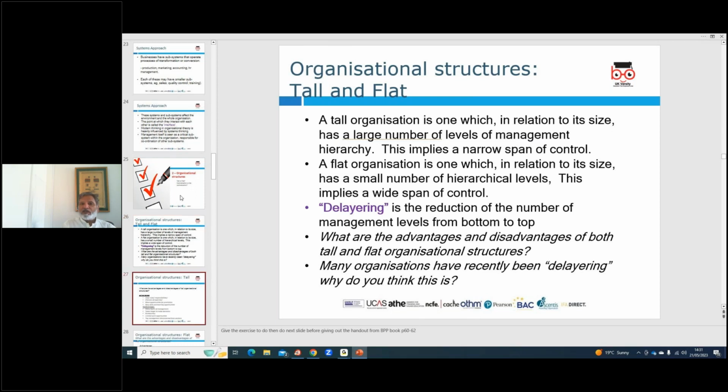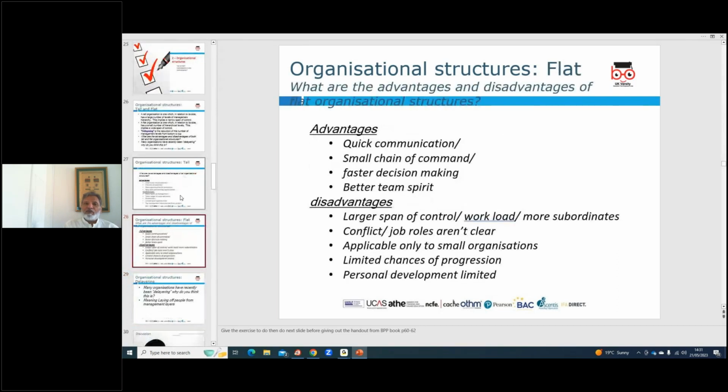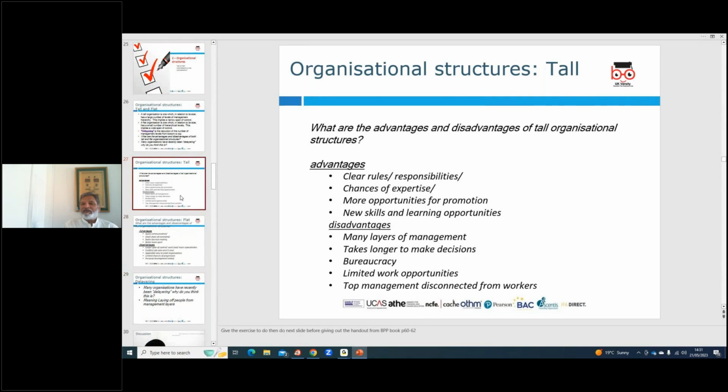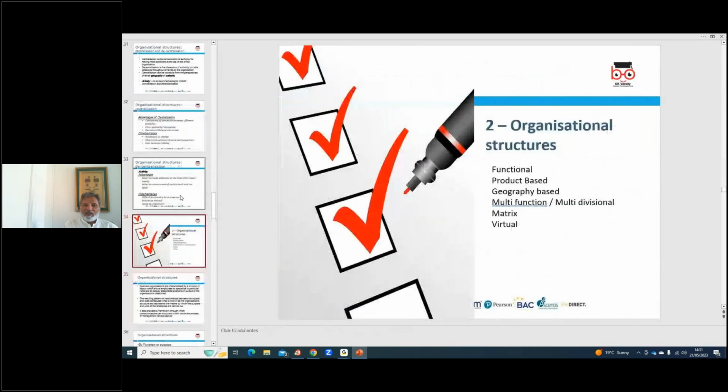Let's look at the organizational structure which is called the tall structure. When we're talking about the tall structure, we are talking about the level of communication: how many layers of management, how many layers of communication do we go through before we reach the top manager, for example.